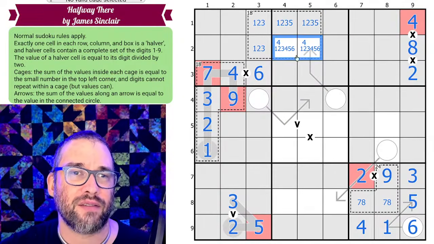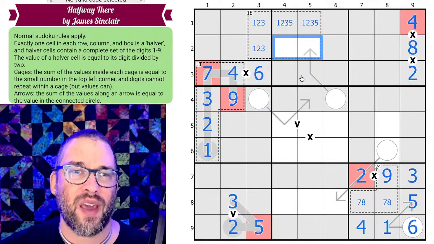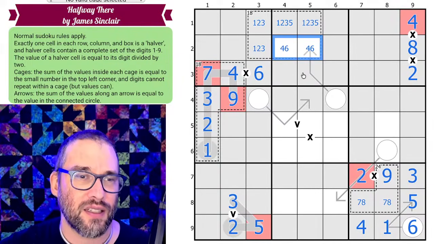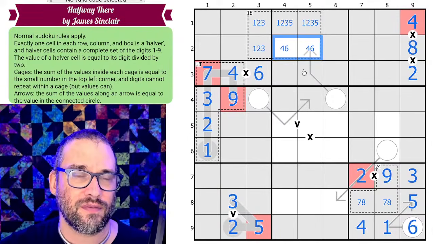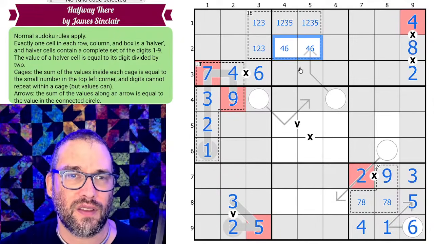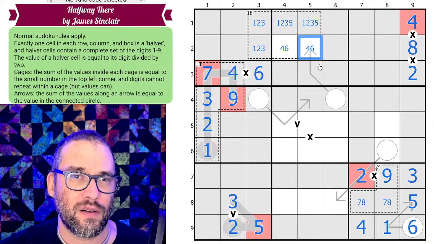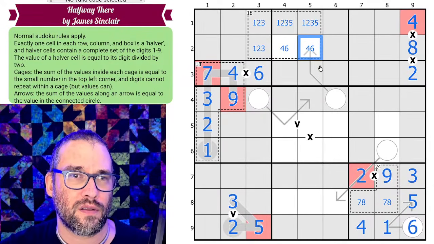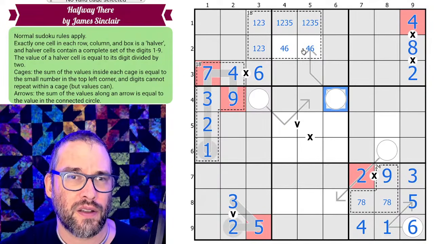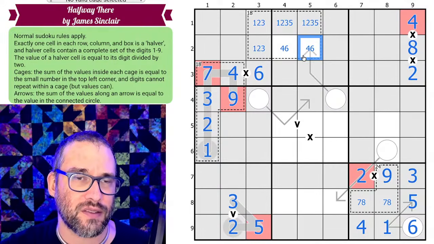And these aren't halved. So these are actually a 4-6 pair, is what we're saying. So this has a value of 3 or 4. So what can this be? This could be an 8 if this is the 6.